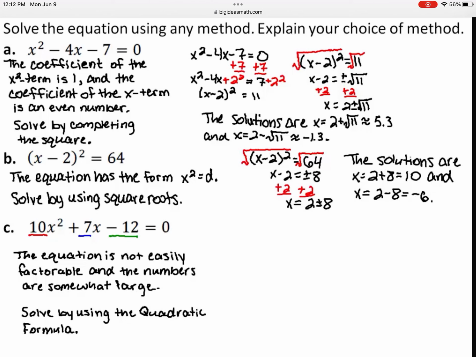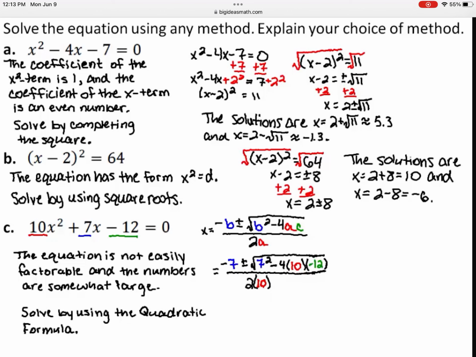The quadratic formula says the real solutions of the quadratic equation ax squared plus bx plus c equals 0 are x equals the quantity negative b plus or minus the square root of the quantity b squared minus 4ac divided by the quantity 2a. Substitute 10 for a, 7 for b, and negative 12 for c. 7 squared minus 4 times 10 times negative 12 is 529, and 2 times 10 is 20.